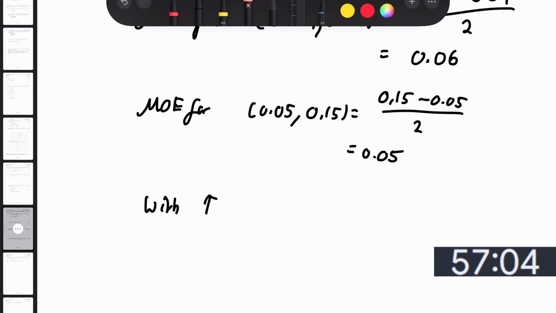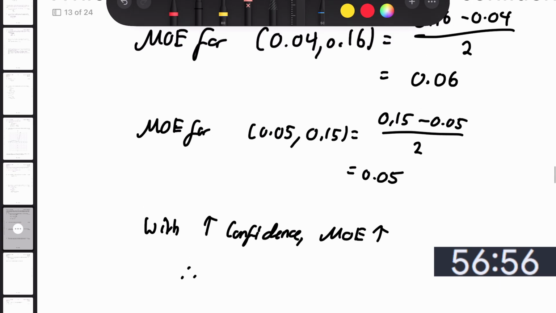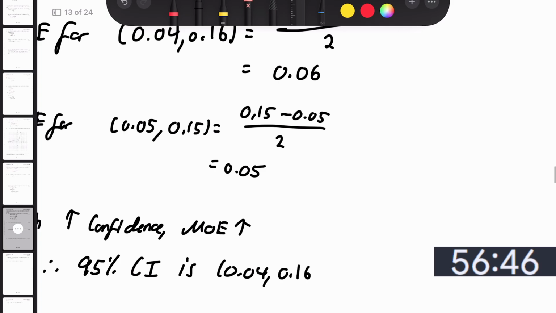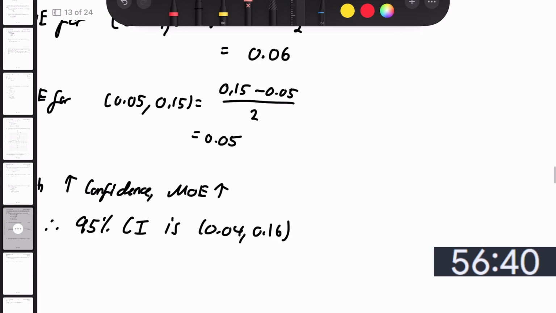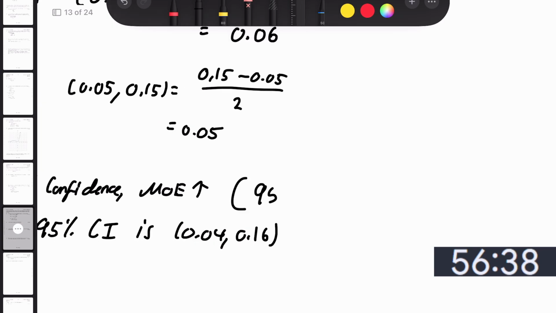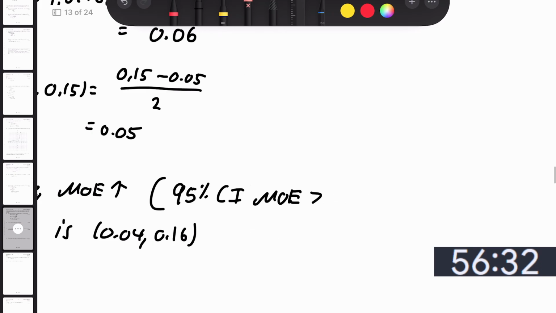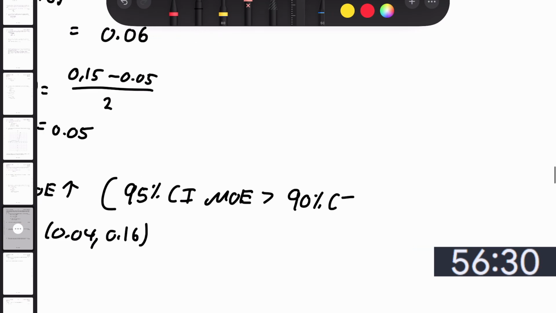With higher confidence, margin of error increases, therefore the 95% confidence interval is the 0.04, 0.16 interval. I mean, the 95% CI margin of error will be greater than the 90% confidence interval margin of error.